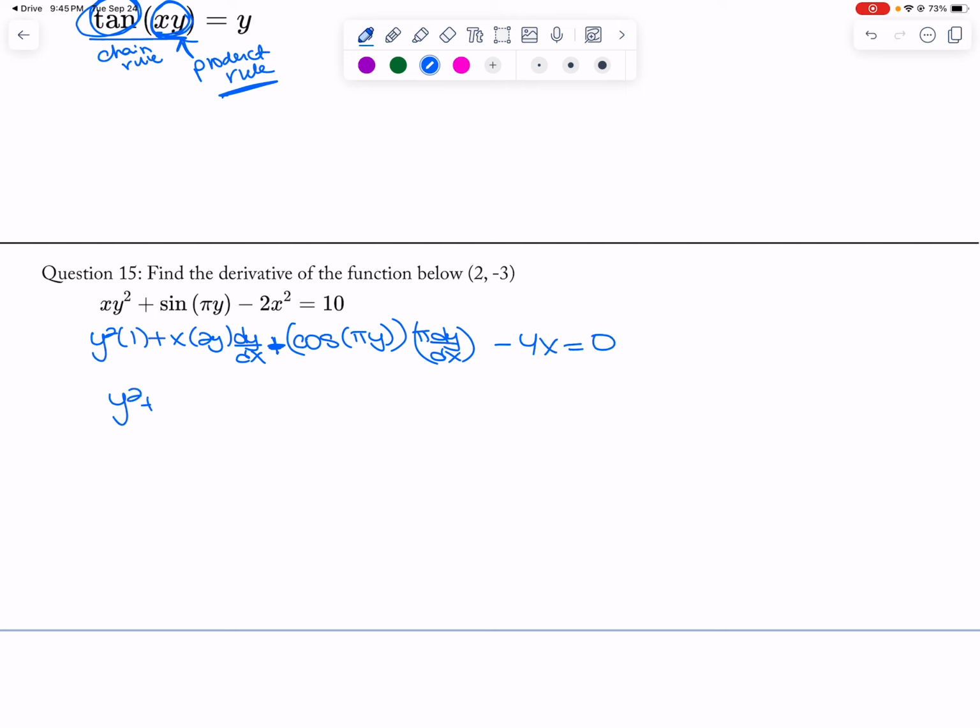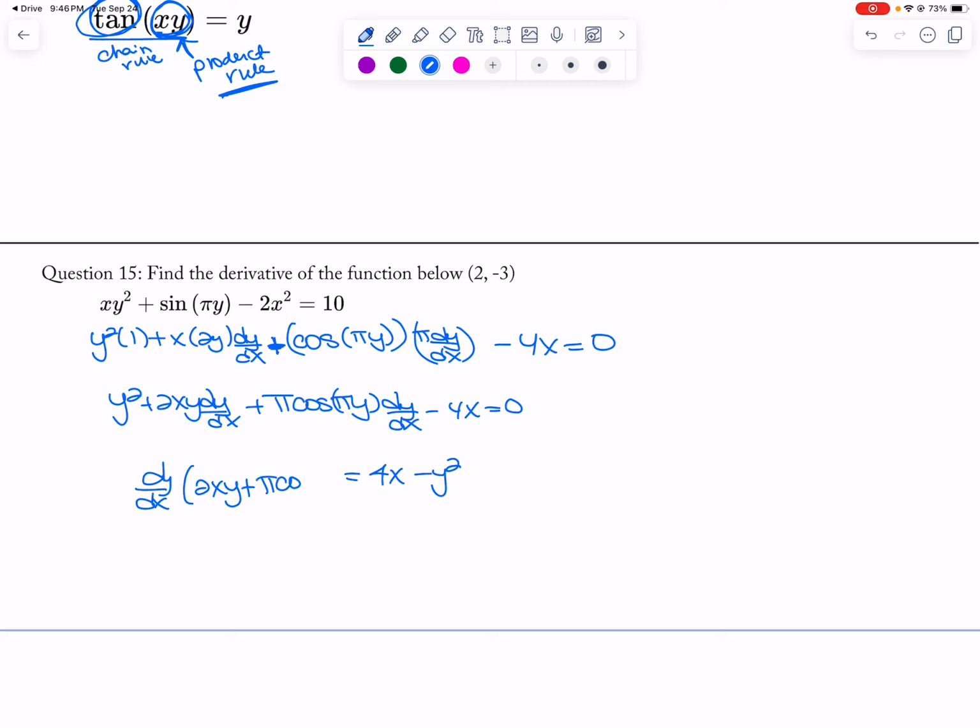So y squared plus 2xy dy dx plus pi cosine of pi y dy dx minus 4x is equal to 0. So I have my 4x on the other side, I have my y squared on the other side, and this is going to be dy dx here, 2xy plus pi cosine of pi y here. So then dy dx is 4x minus y squared over 2xy plus pi cosine of pi y.